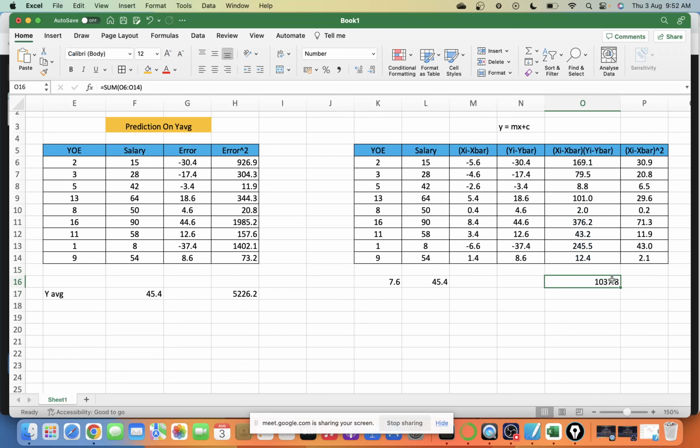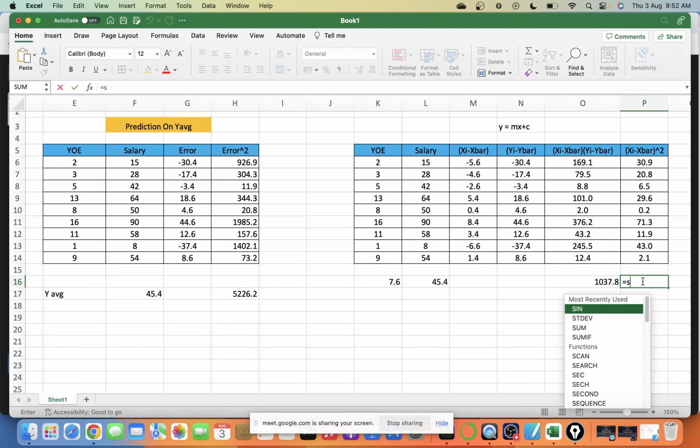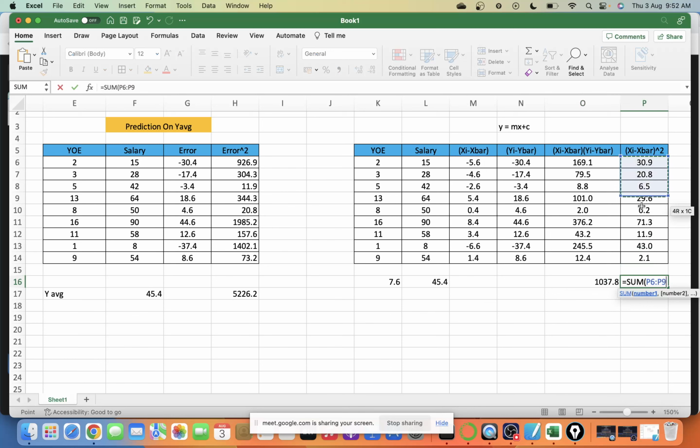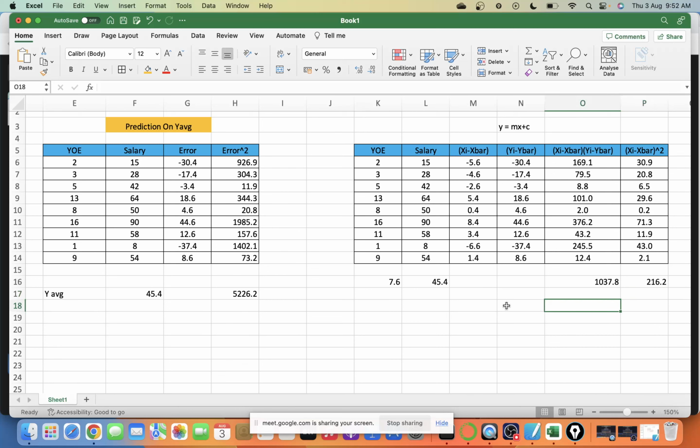Then we have the value, and then we want this one. So we'll do the sum of all these values. Now what is the final one? Now we will find the value of m. The value of m will be this divided by this.